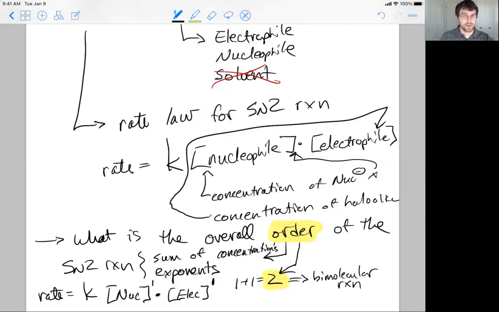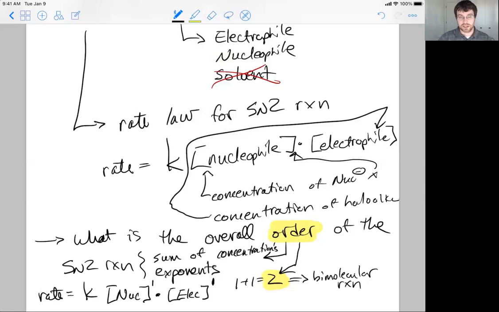The exponent thing is helpful because in some chemical reactions, completely unrelated to this, we could have a rate constant times the concentration of something twice. So maybe it's A plus A gives product B. If A and A are both involved in the rate determining step, then it's A times A, or A squared.